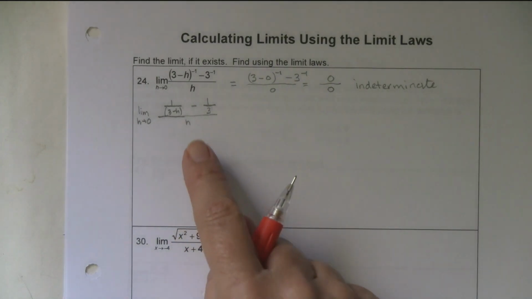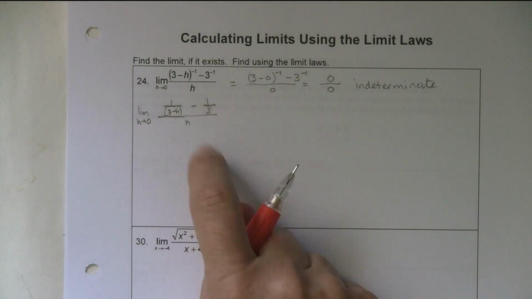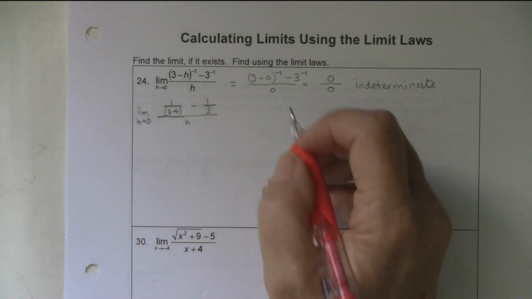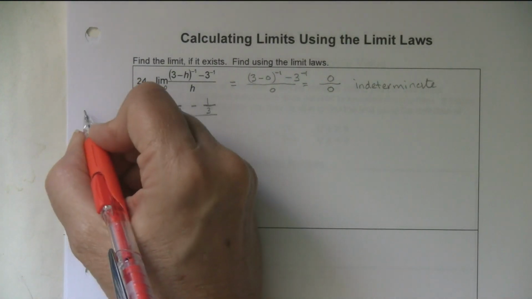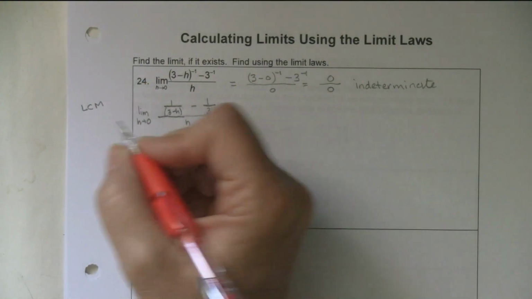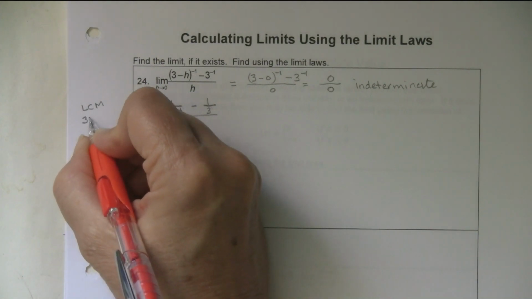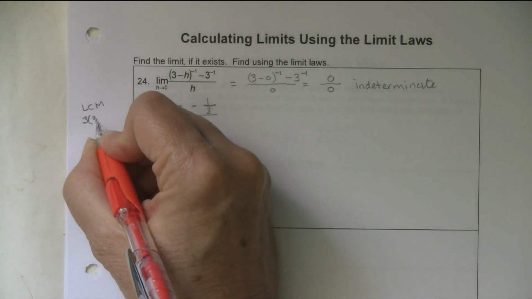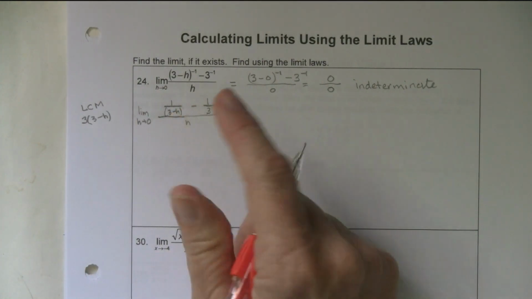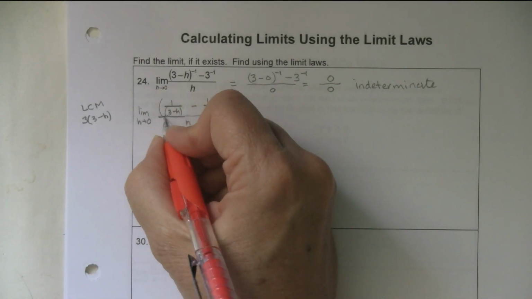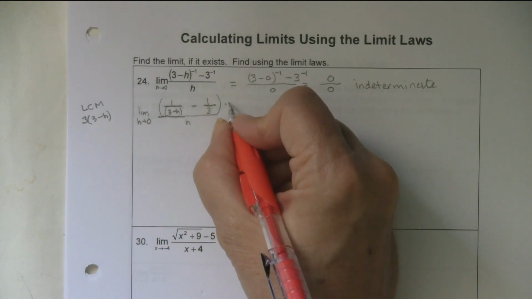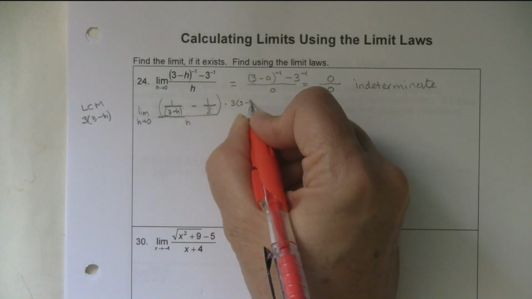So I'm going to choose to clear this complex fraction by multiplying by the common denominator. In this case, the common denominator, the lowest common multiple, also called the lowest common denominator, is 3 times 3 minus h. And I'm going to multiply the numerator and the denominator by that. So I'm going to multiply this numerator by that, and because it's a binomial, times 3 minus h.